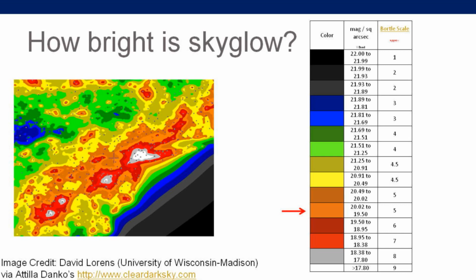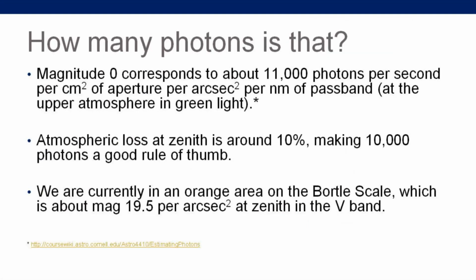How many photons is that? So I got to wondering, how many photons? I said earlier I was looking at a dim object through a narrowband filter and getting 40-ish photons a minute. How does that compare to this? So let's do the math. There's a great site, a Cornell astronomy class, that talked about estimating the number of photons, so I'm using their benchmarks here.